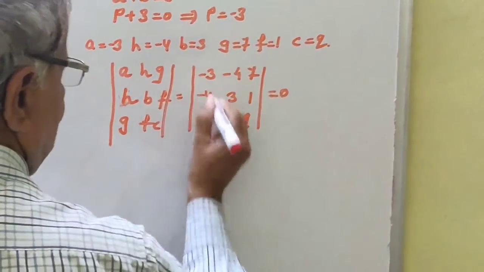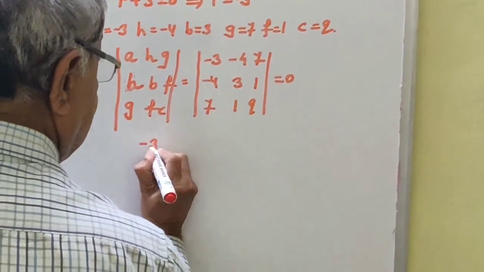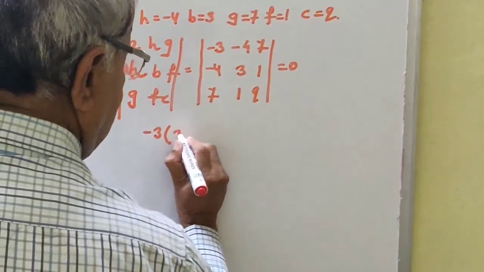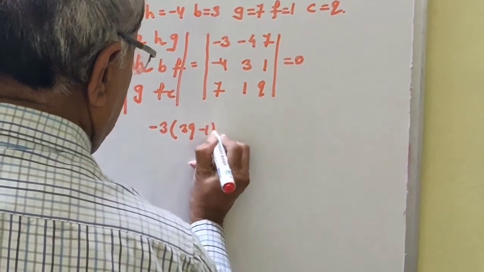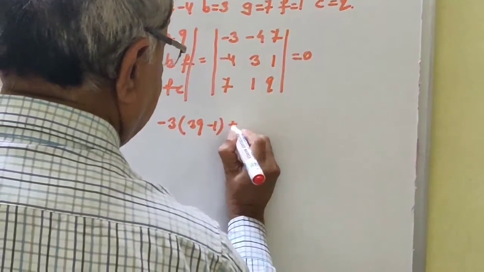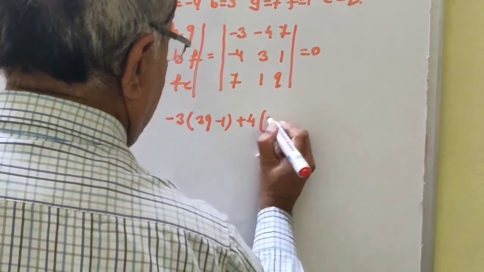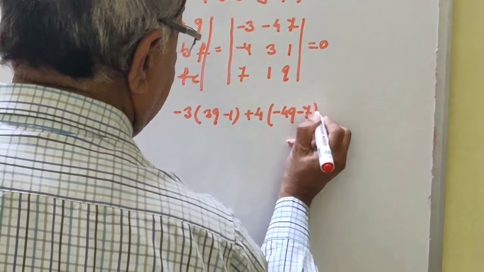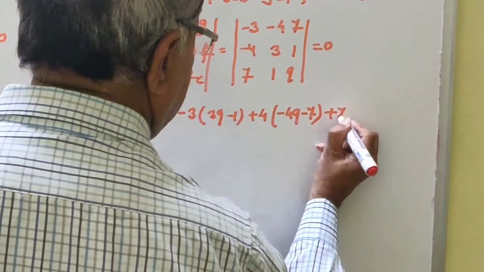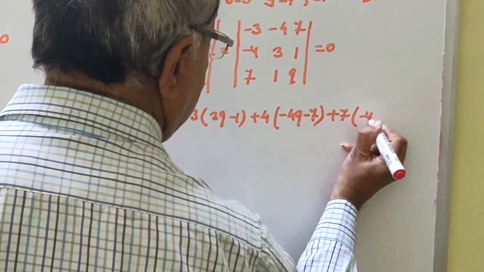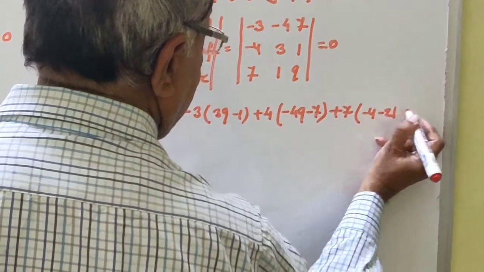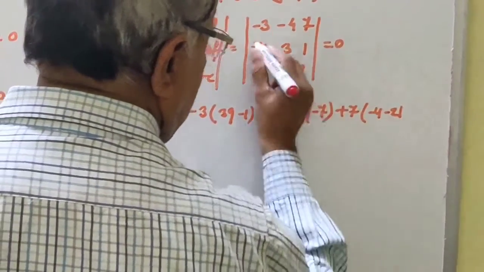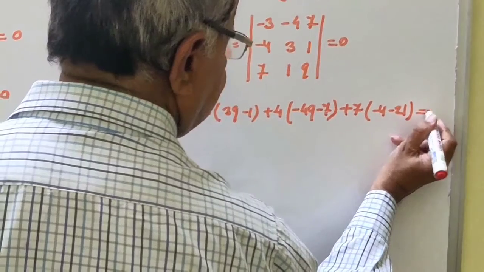Now I will solve this. Minus 3, 3Q minus 1. Okay. Minus minus plus 4, minus 4Q minus 7 will come here, plus 7 minus 4 minus 21. Okay, 7 3 ja 21, 4 1 ja 4 is equal to 0.